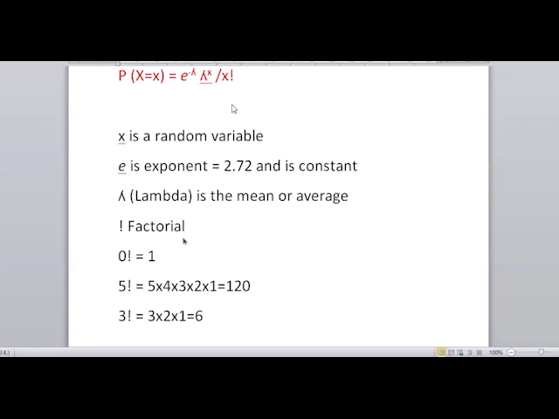So I've explained X is a random variable. Like we used last time, we used X where we say maybe no one with this condition or no probability, 1 probability, 2 chances of this, 3 chances of this, and so on. Then E, we have practiced E or exponent.